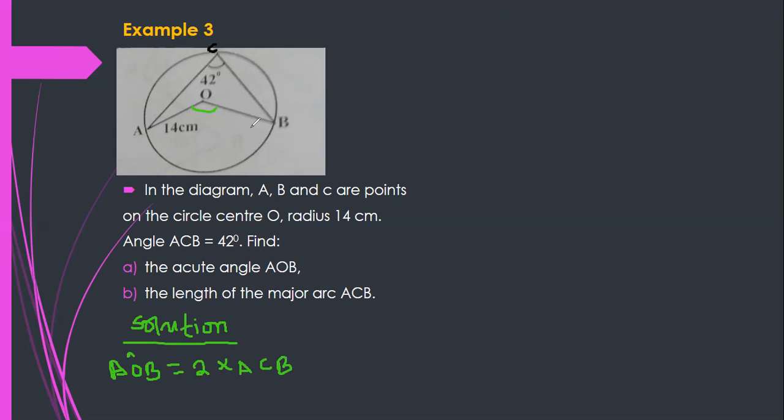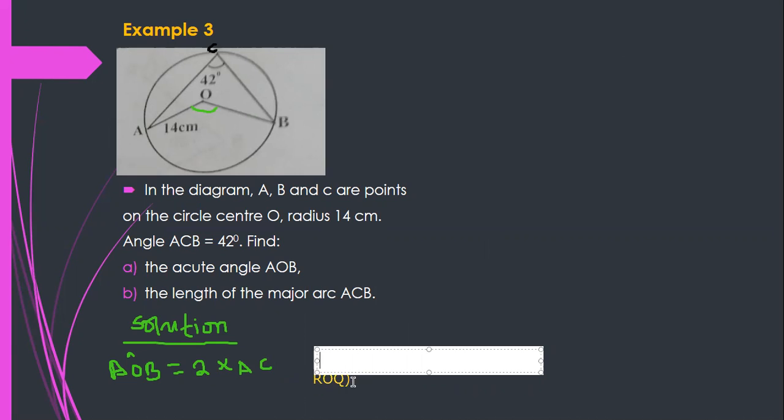Because the angle subtended at the center of a circle by an arc is twice that which it subtends at any point on the remaining part of the circumference. So that is the reason. So I'm still going to put it here again.